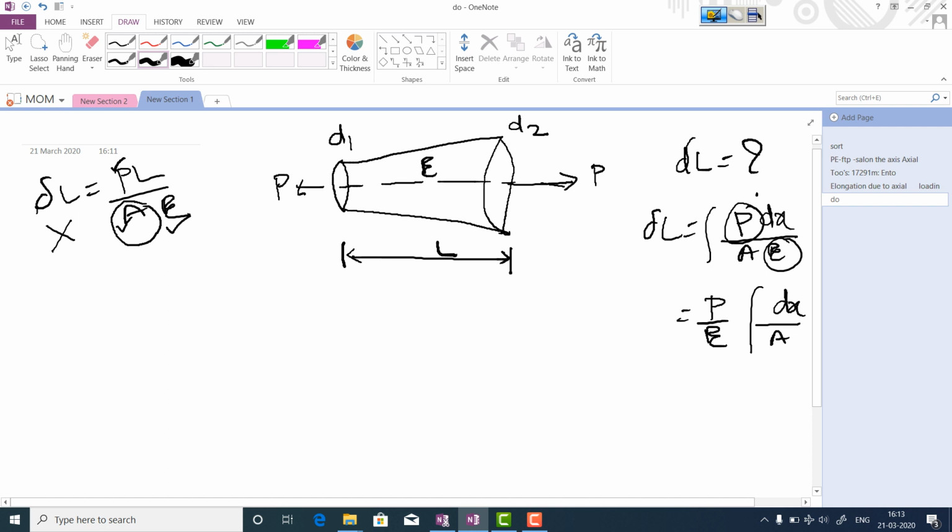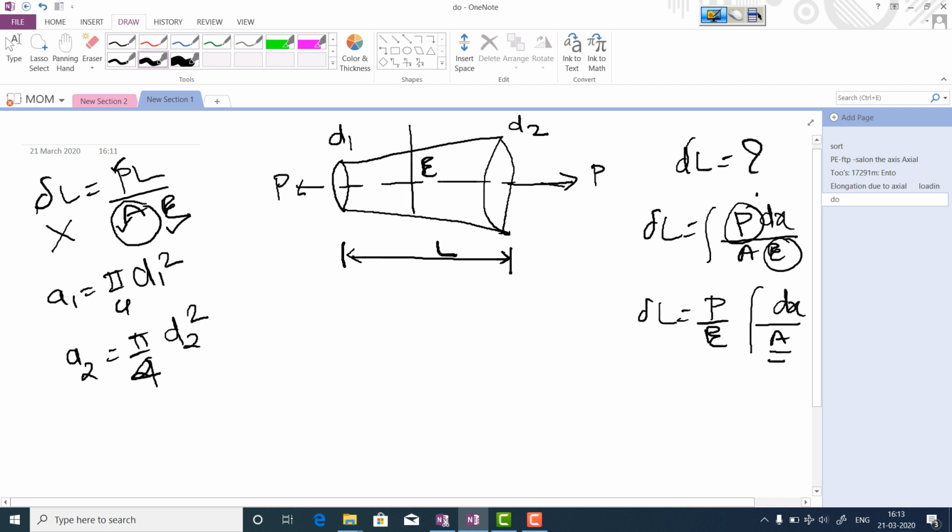Now to solve this, we need to find the area in terms of x so that we can solve this integral. So let's say that a1 is nothing but pi by 4 into d1 square, and a2 is nothing but pi by 4 d2 square.